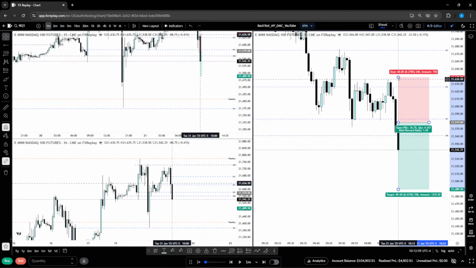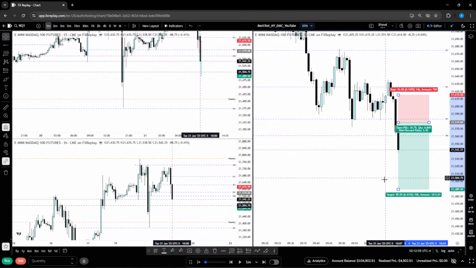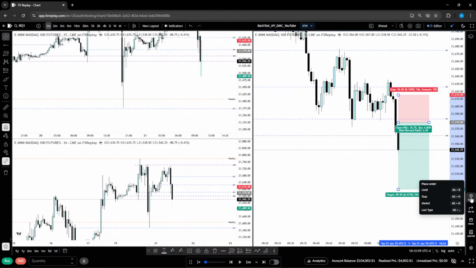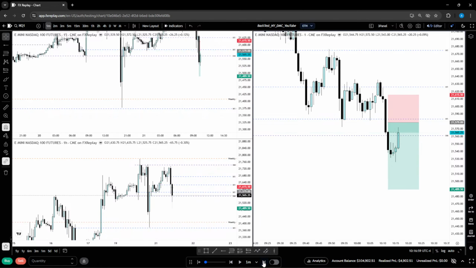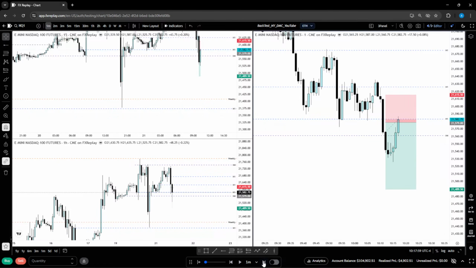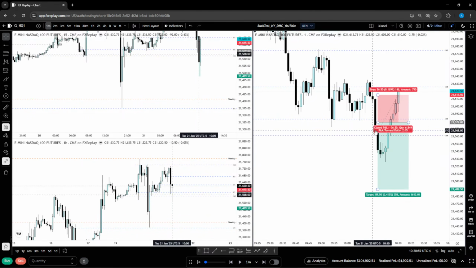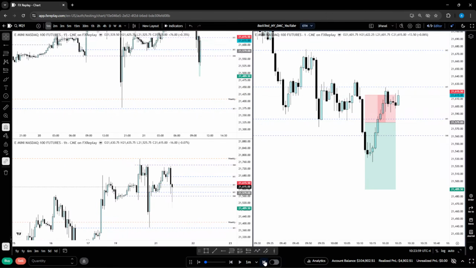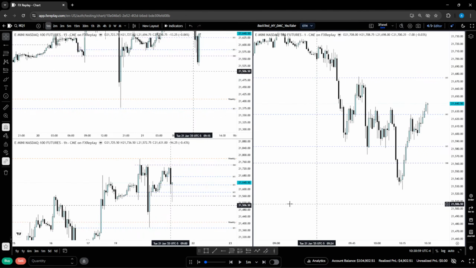Let's see if we can get a reaction. Because of these equal highs, I was hoping we could get a swing now. But I think we're going higher to take that high. Yeah. That's what I was thinking.